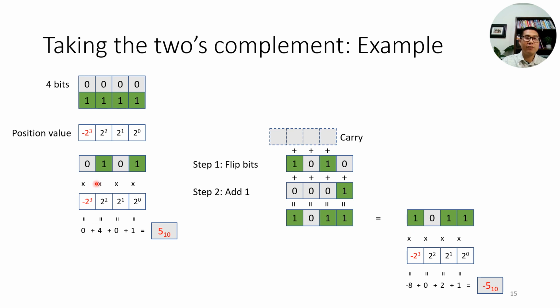Okay, so if you start from positive 5, which is this bit sequence, you perform step 1, which is you flip the bits, and you perform step number 2, which is to add 1 to it. It's going to produce a result, and that result is actually the same bit sequence that represents the negative version of 5, which is negative 5 over here.